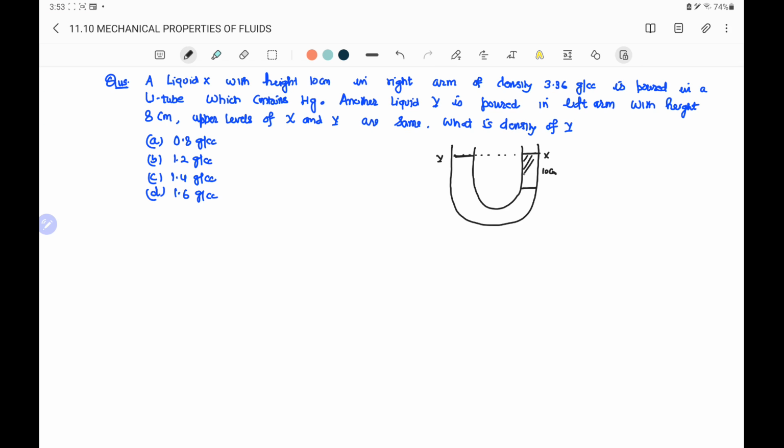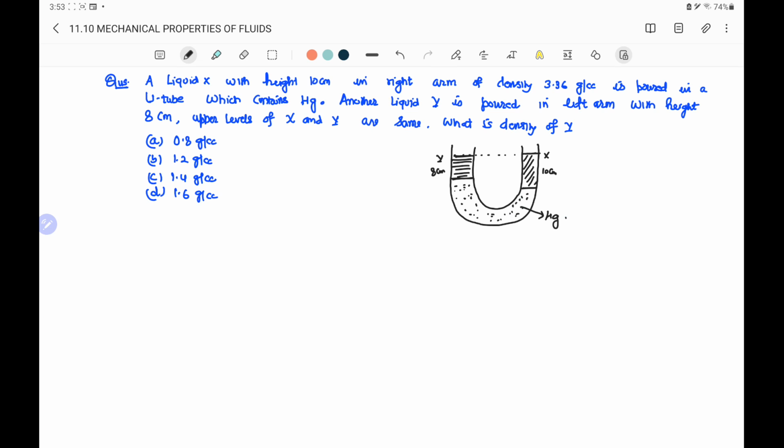This is the liquid X. Similarly, the height of liquid Y in the left arm is 8 centimeter. And these two liquids are above the mercury.